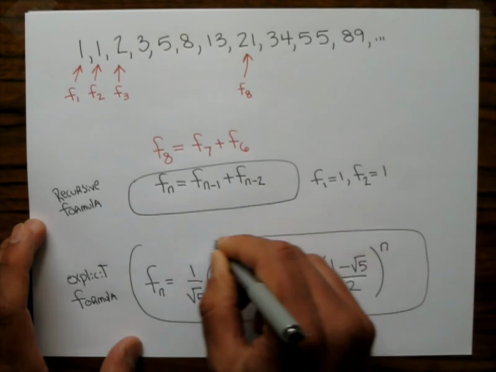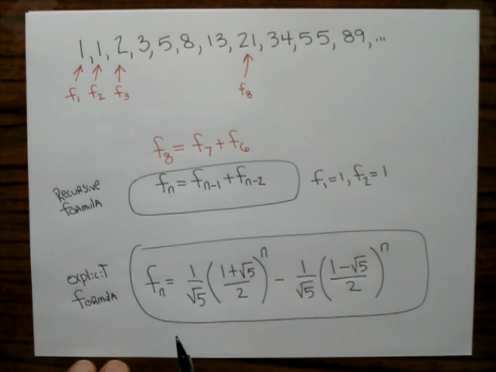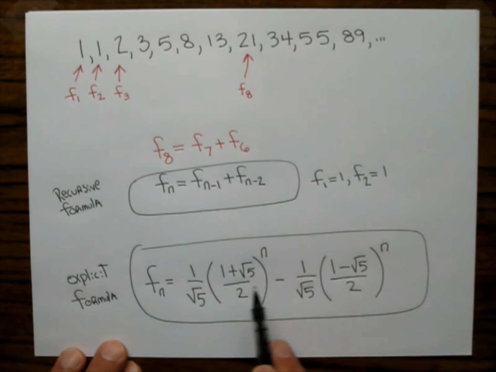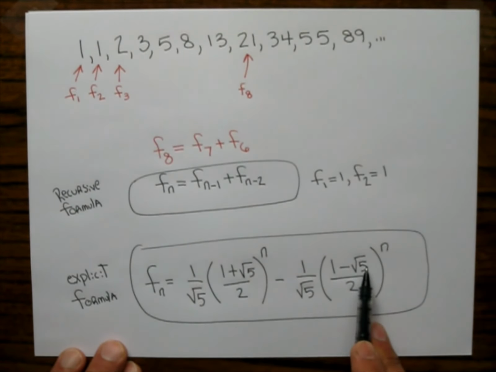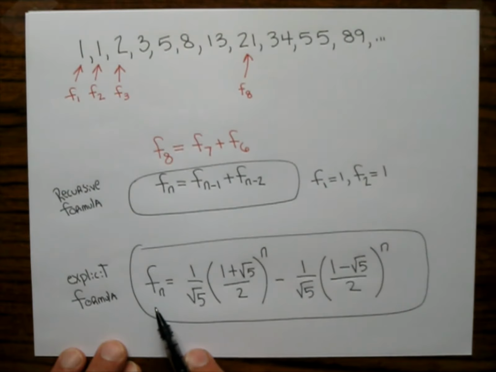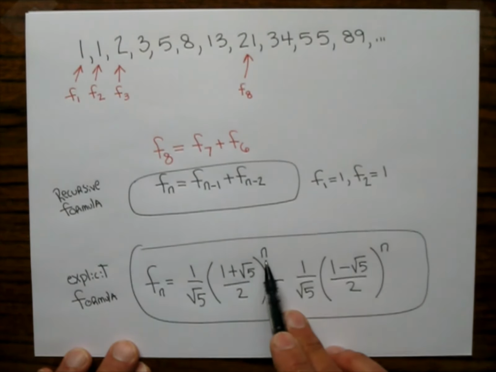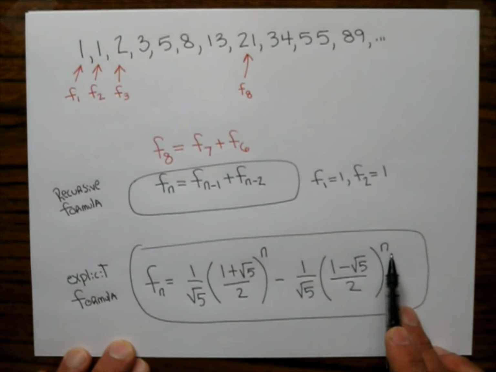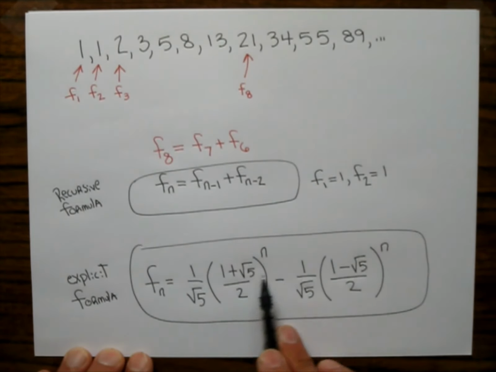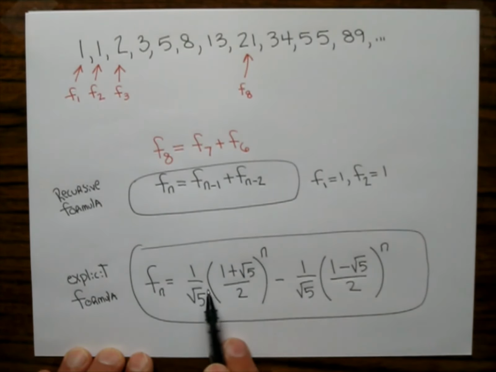You don't have to memorize this or even use this. This is the explicit formula for the Fibonacci numbers. So what does this mean? Well, there's square root of 5s in there, so that looks pretty scary. But whenever you put a natural number in here, like 1 in for n, we're not going to do this now, but the algebra will make it so all the square root of 5s cancel.